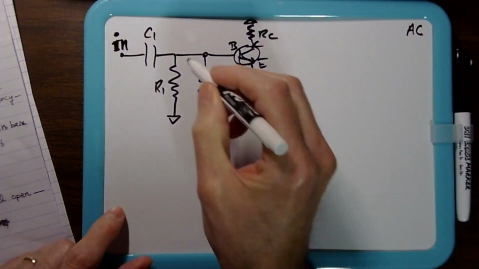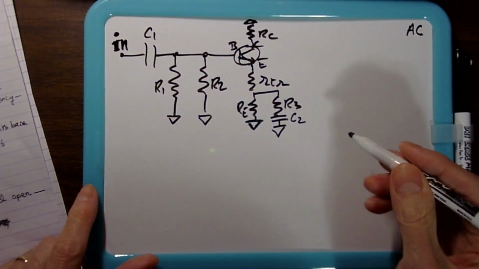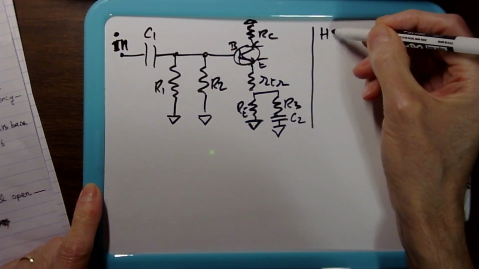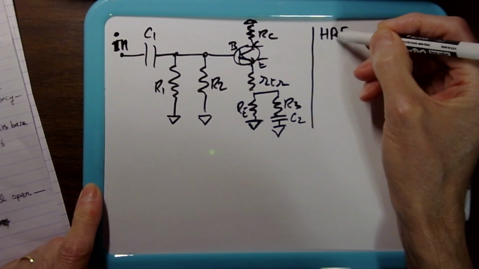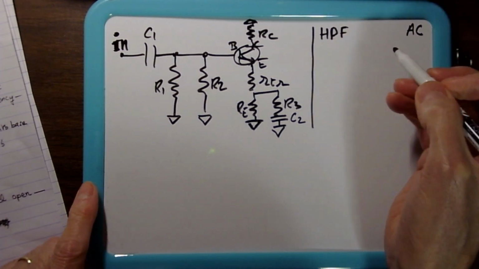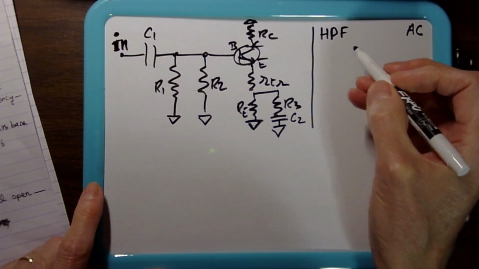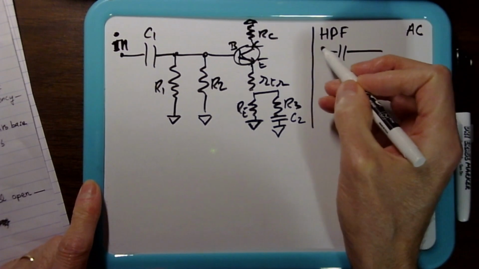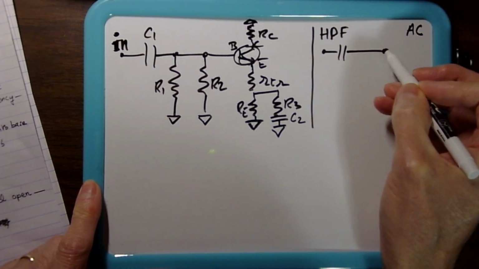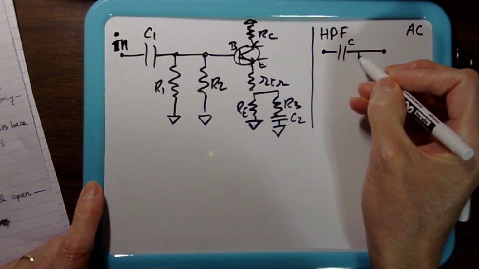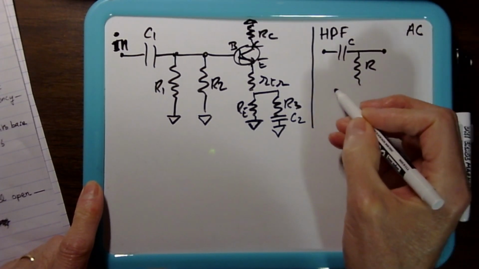To compute it, you have to look at this as a high-pass filter. A high-pass filter lets the higher frequencies go through, I mean, past the cutoff. So it looks like this. That's your capacitor, and you have a resistance here, and that's the other rail.